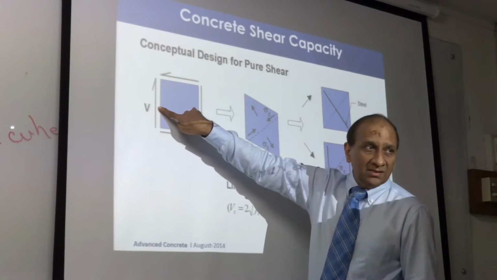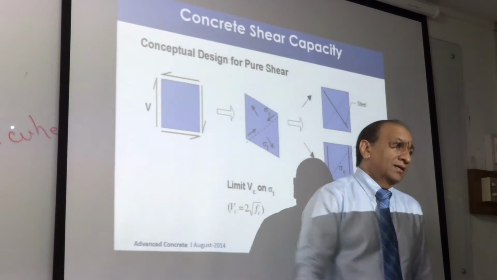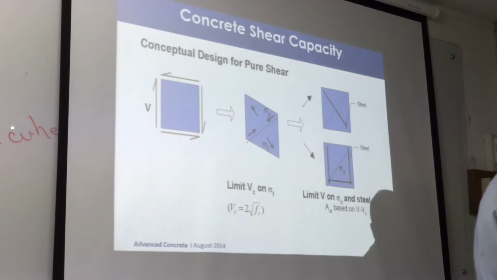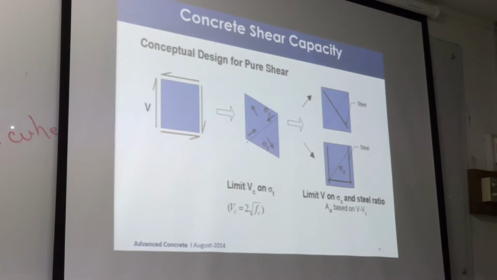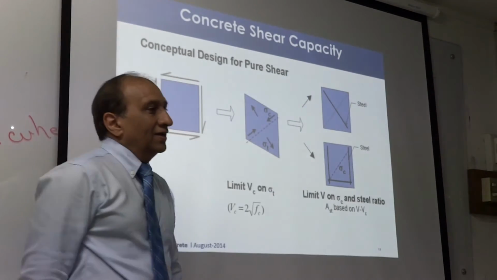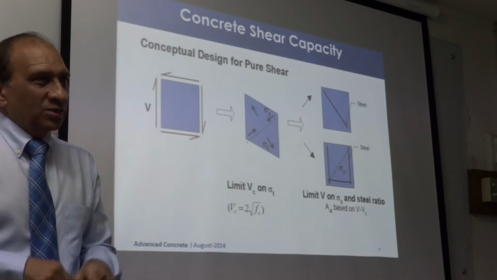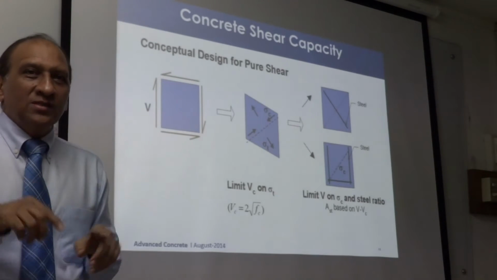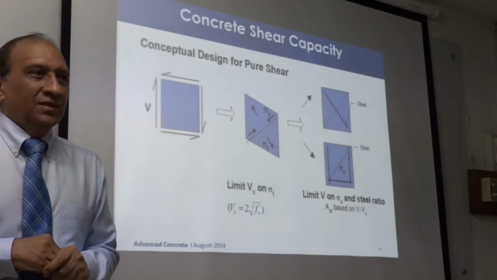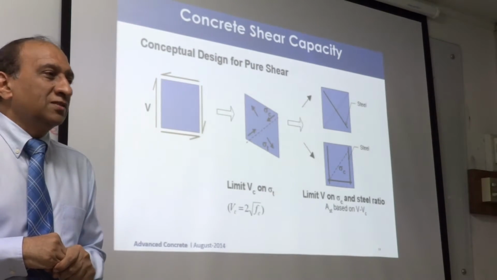They must balance, and this must balance that one because they must be in equilibrium. Correct? So that means shear stresses, vertical and horizontal shear, exist simultaneously at every section. So vertical shear also produces horizontal shear because that is the nature of the shear. Otherwise, this will not be in equilibrium.